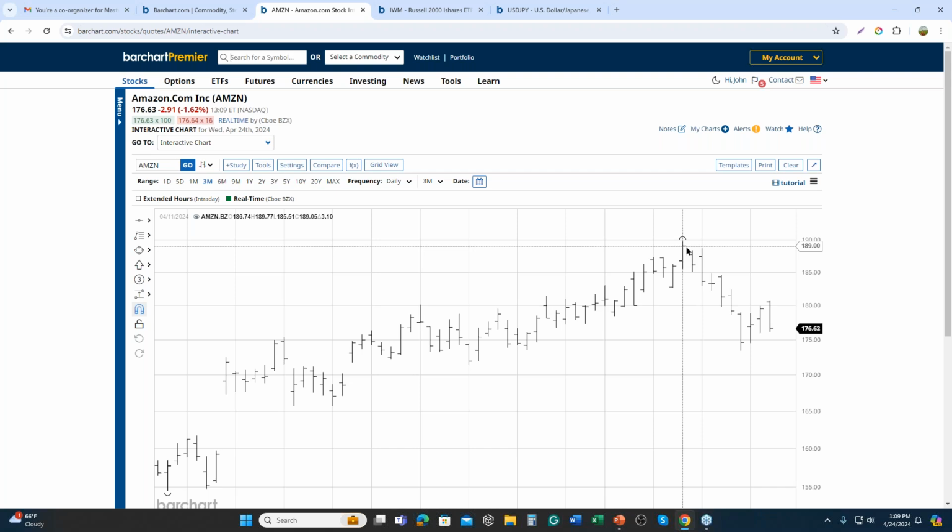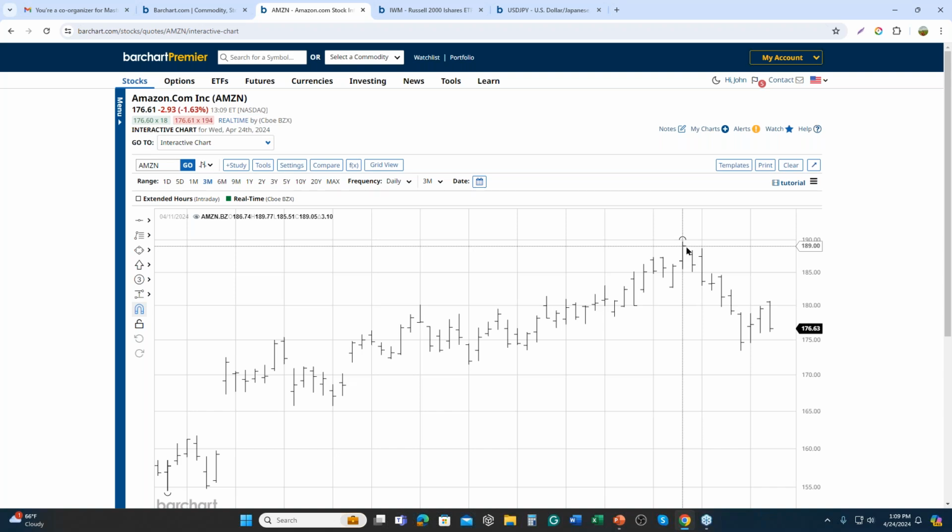So here I'm just in the daily time frame. Drawing lines in this process is a little bit subjective, and there's really no right or wrong way. Our goal here is to try to capture as much price action that is relevant to the time frame that we're looking at.